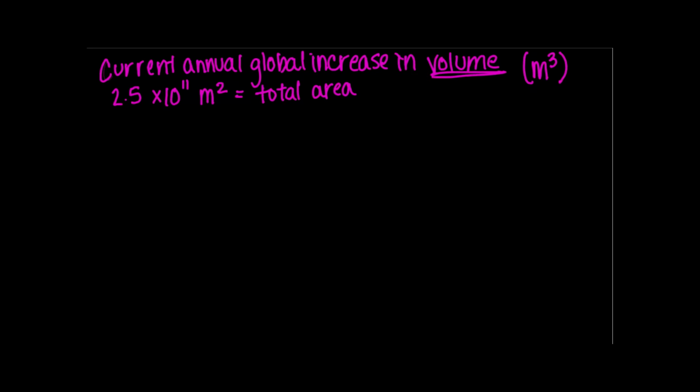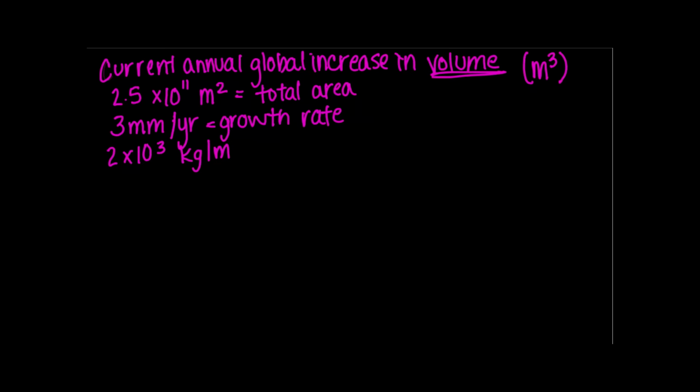And then they've given us 3 millimeters per year, and that's the growth rate. And then they say that 2 times 10 to the 3 kilograms per meters cubed is the density.